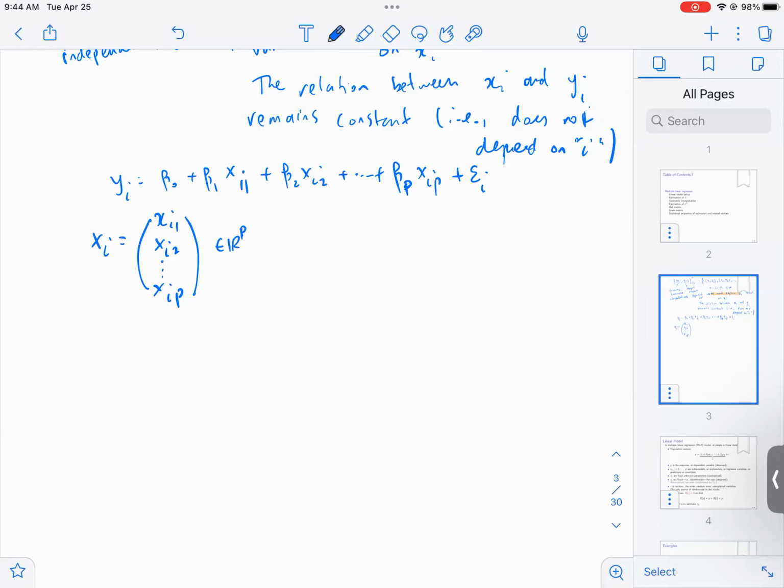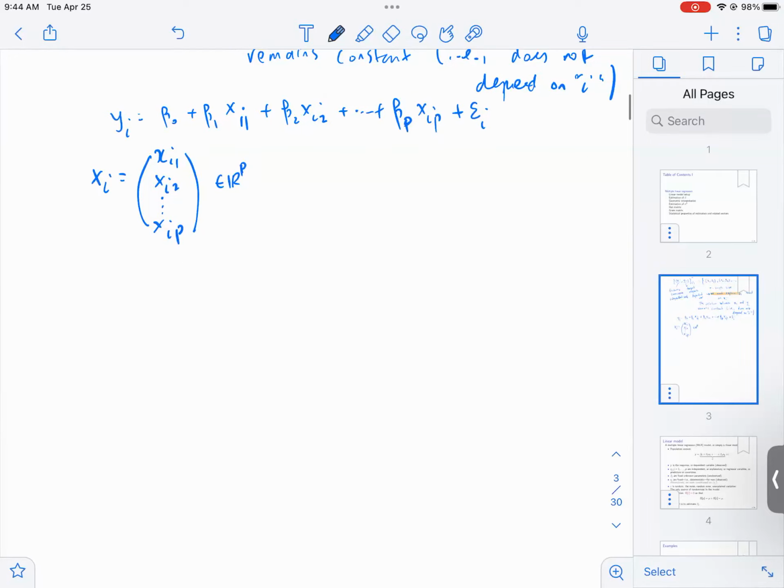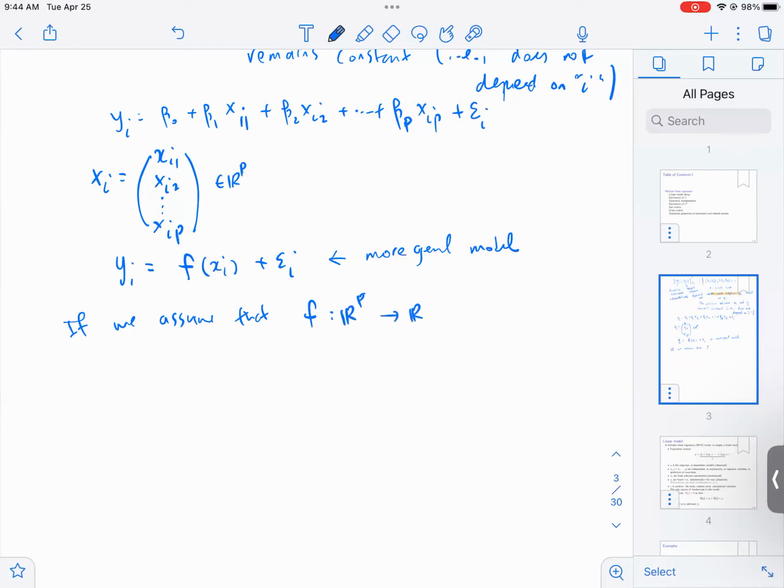And then a more general model would have me just write a function of these xi's plus some noise. And this function is constant. So that's a more general model. So if you assume that f, this f maps Rp, the p features, to R, because you're usually going to assume that yi is real.